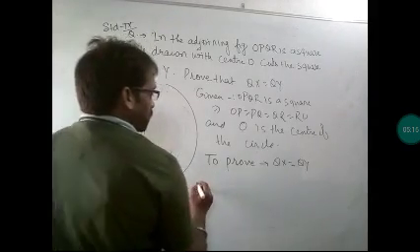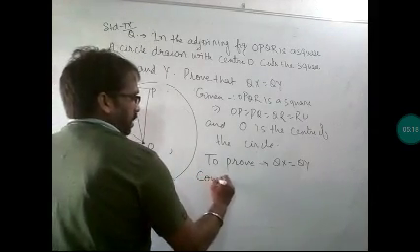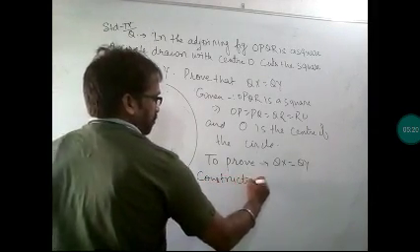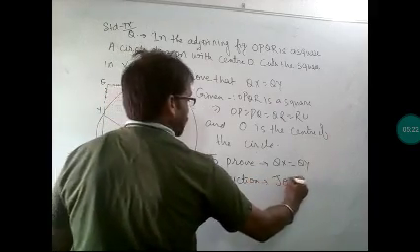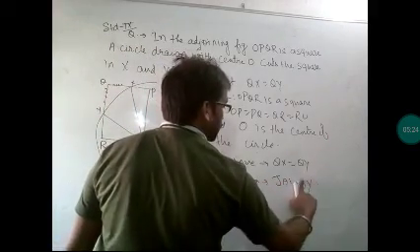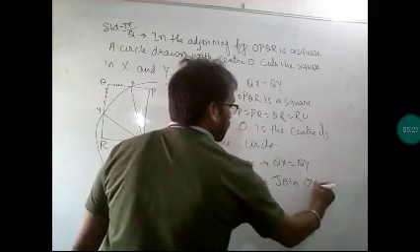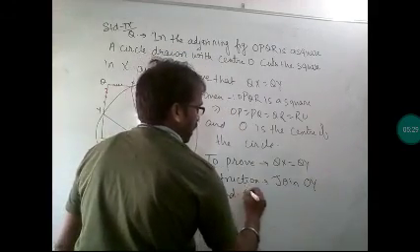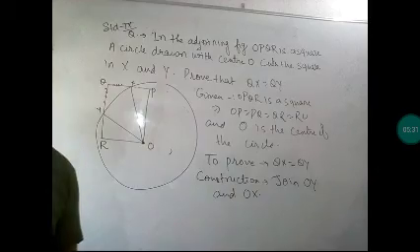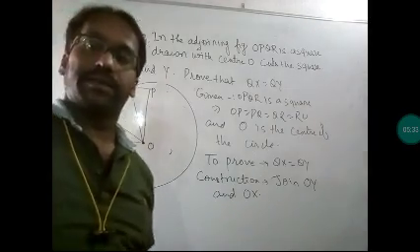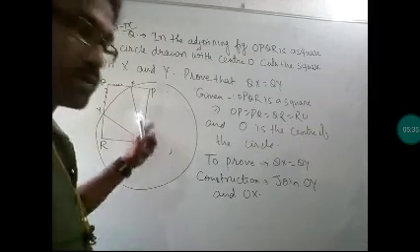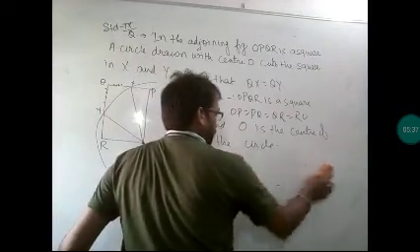So now we have two triangles. That construction we must also write, so that the examiner can come to know that the construction has been made here. We have joined OX and OY. Now we are just going to prove it.